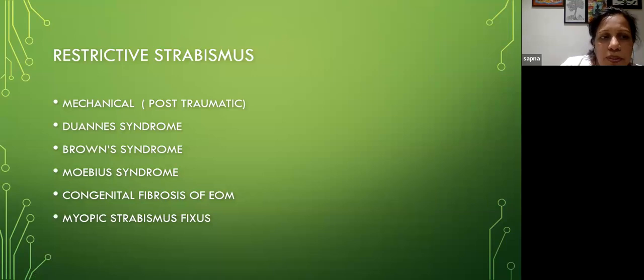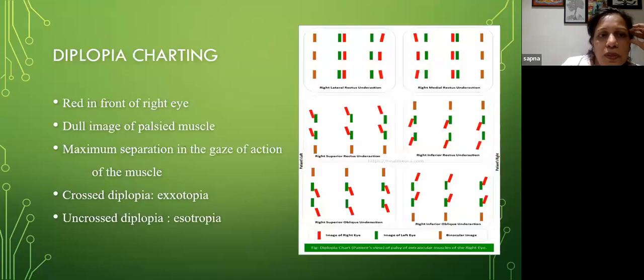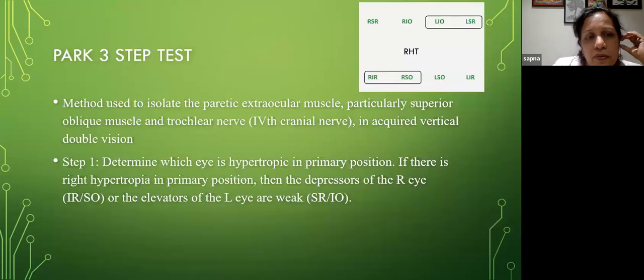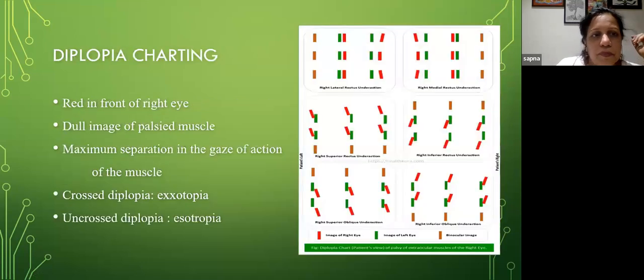Okay, so how do we do the diplopia charting? So red in front of the right eye and green in front of the left. So here, the exo deviation will cause crossed diplopia, the eso deviation will cause uncrossed diplopia.